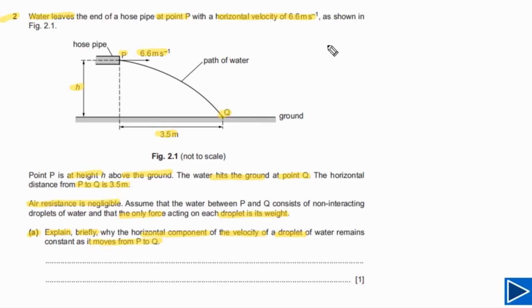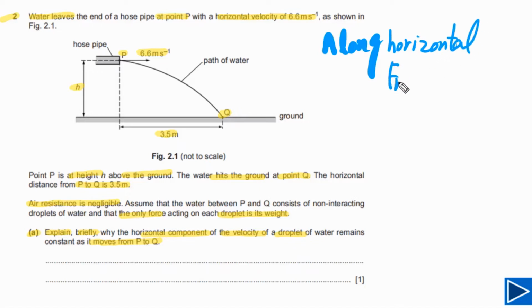Along horizontal, F net is equal to 0. So a is equal to 0. Horizontal acceleration is 0, so delta v is equal to 0. That's the reason the horizontal component of velocity remains constant, because there is no force on the droplet of water in horizontal direction. That's all we need to write down.